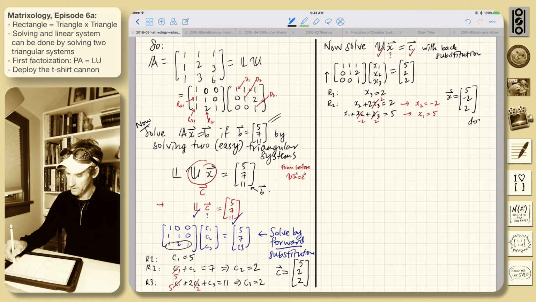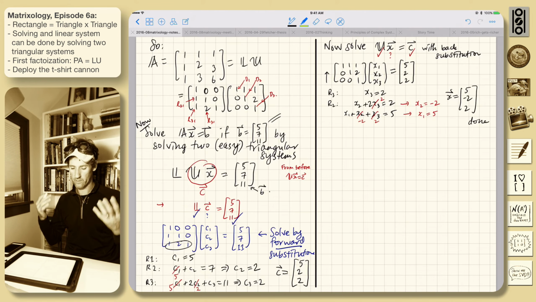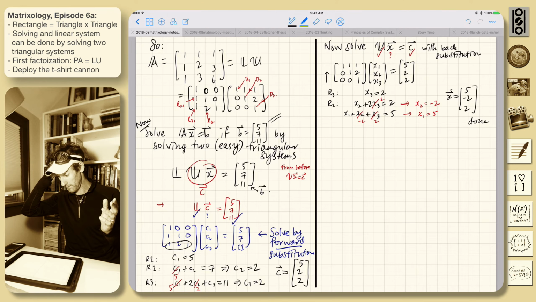So done. So the benefit here is someone hands you a new b. Well, I mean, apart from understanding this is really what Gaussian elimination does.